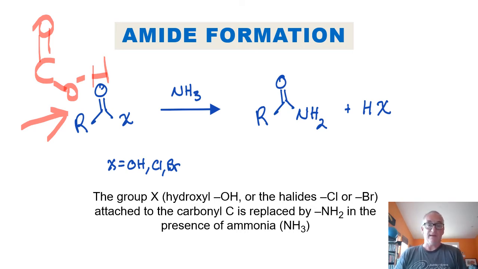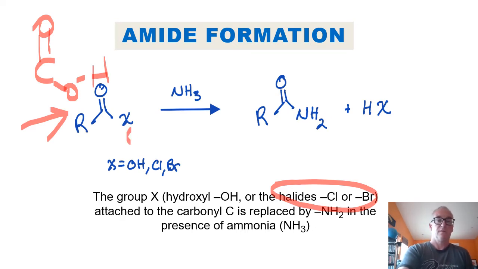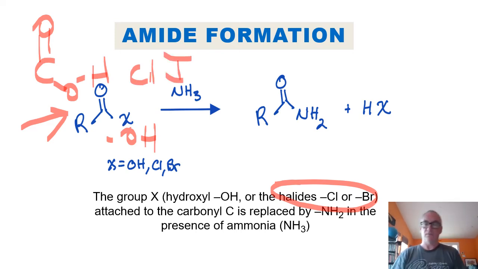Sometimes it can be a reaction with one of the acyl halides. So ammonia can replace hydroxyl if it's an acid, and it can also replace Cl or iodine or whatever.